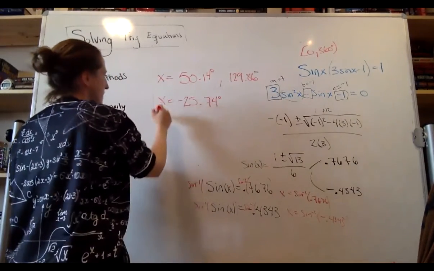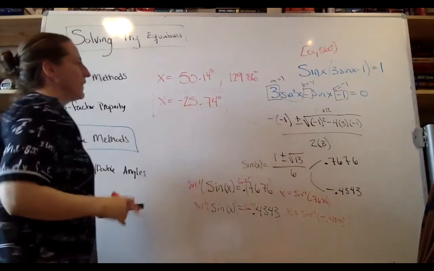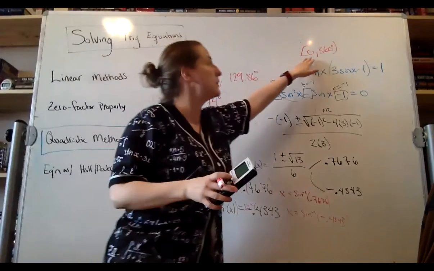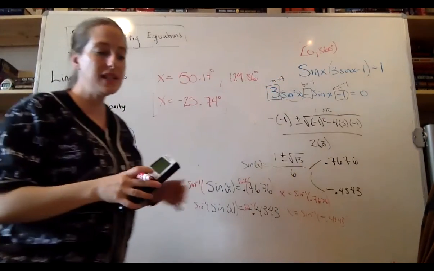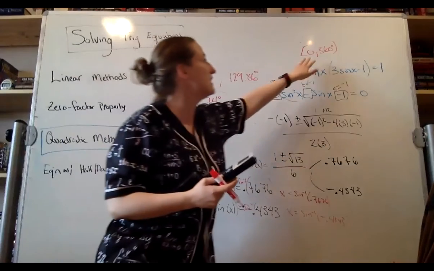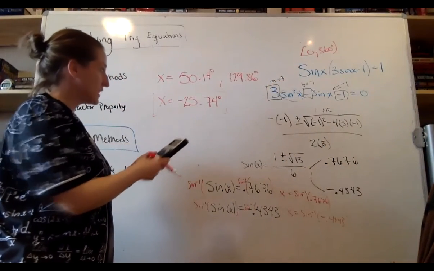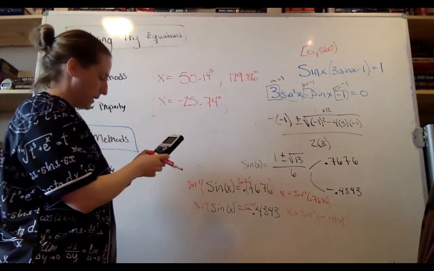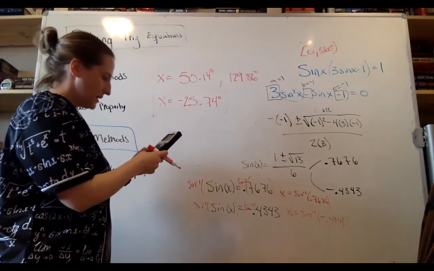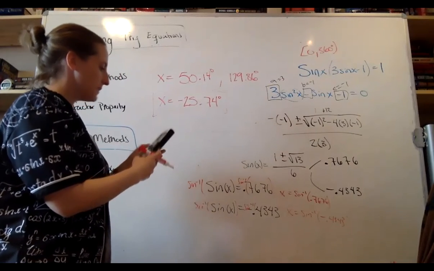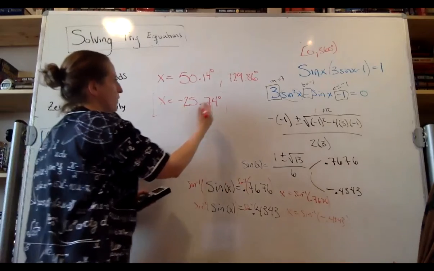And then let's look at this answer here. Now this, negative 25.74 degrees, is not between 0 and 360. So we need to get a coterminal angle that is within that interval. To find a coterminal angle, we're going to add 360 degrees. So negative 25.74 plus 360 gives me 334.24.